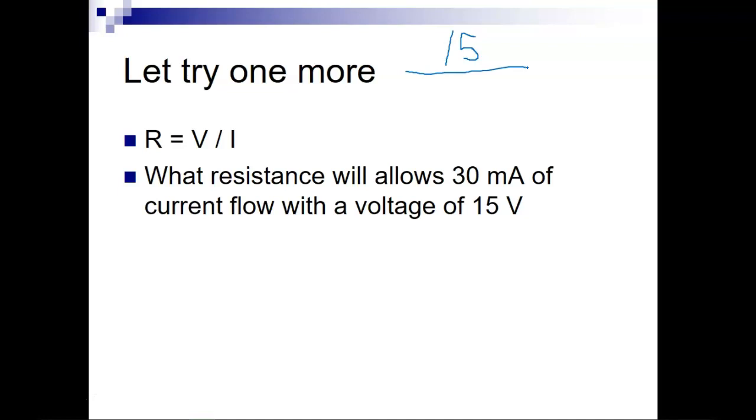What does 30 milliamps translate into? 0.03. You can even go so far as to put 0.030. That's how you end up with three numbers behind that decimal, or moving that decimal a run of 3.